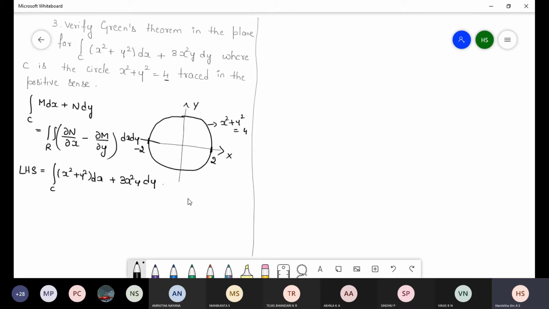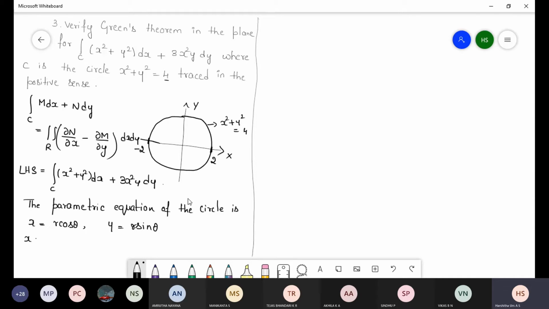So we have to choose the parametric equation of the given circle. What is the parametric equation? x is equal to r cos theta, y is equal to r sin theta. This is the parametric equation of the circle.